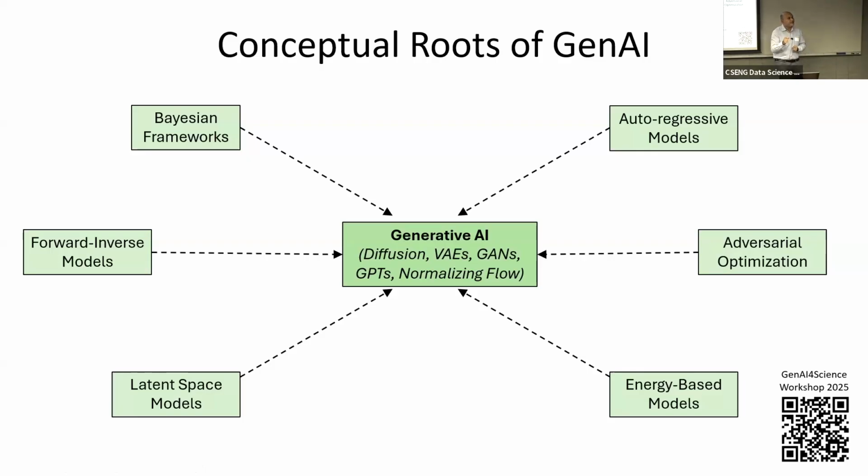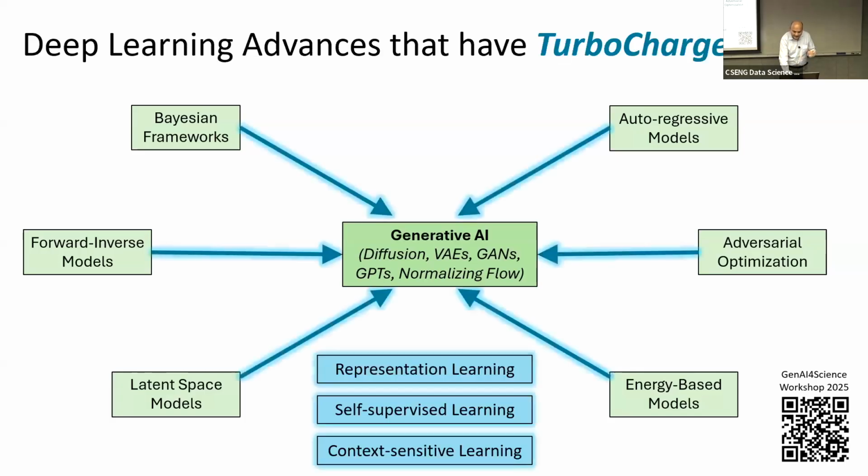They all have nonlinear trajectories; they have interacted together with other research areas. And progress in all of these areas would have happened at a much slower pace if it was not for a few key turbocharging ideas of deep learning, which are highlighted here in blue. These ideas are central to how we have arrived at the modern GenAI frameworks.